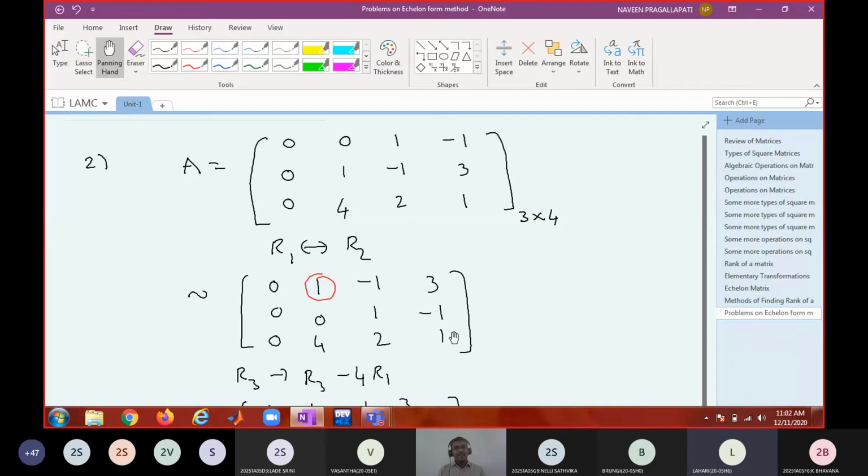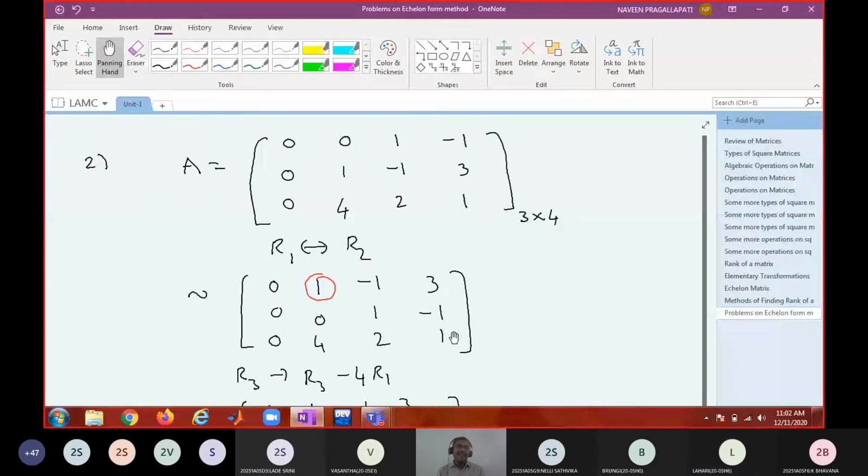So that rank will also be 3. Yeah, so the first row becomes my first column, and the first column becomes my last row. I'll interchange it, sir.